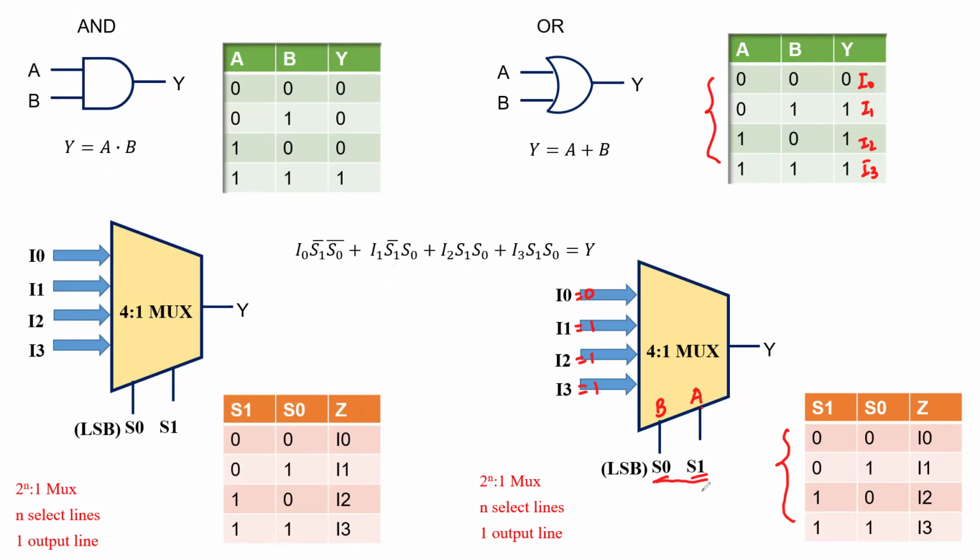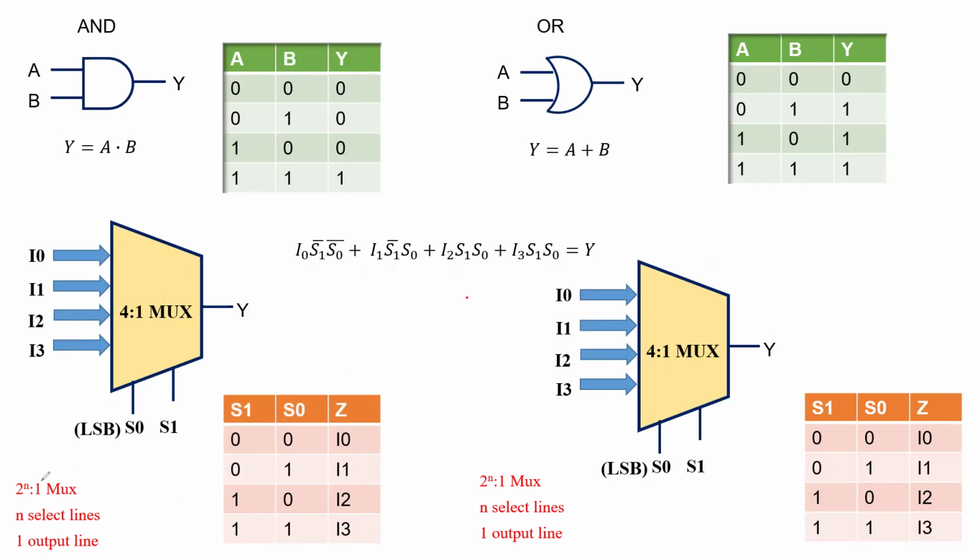Then when I select any one of these input combinations, output C gets the value of the corresponding input based on the select combination. This is the way the multiplexer behaves like a two-input logic OR gate. So we have successfully implemented the OR logic.